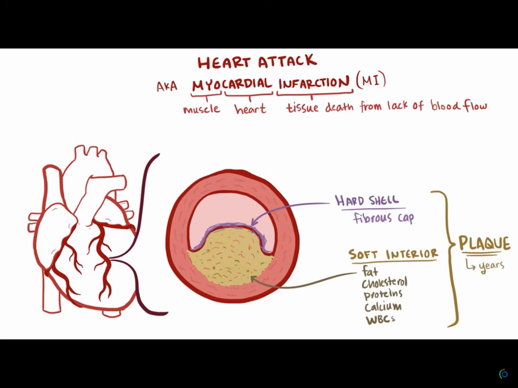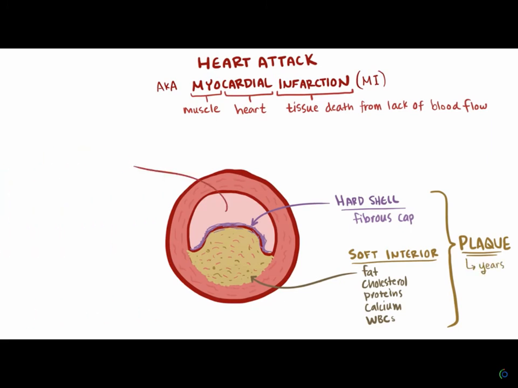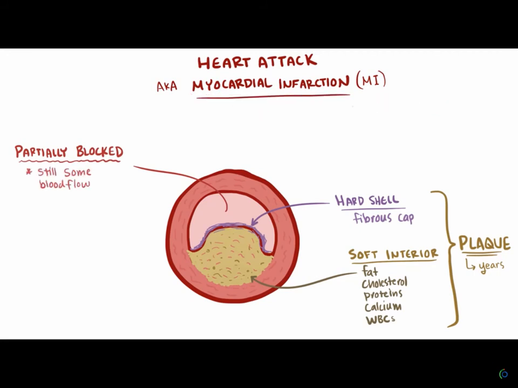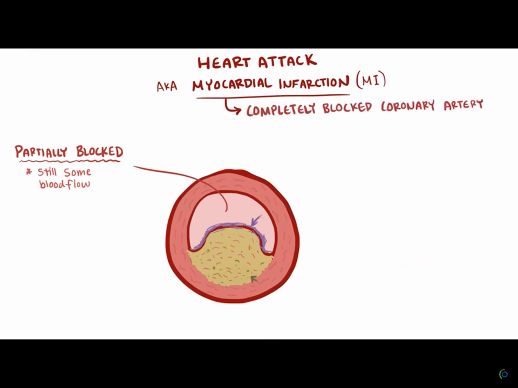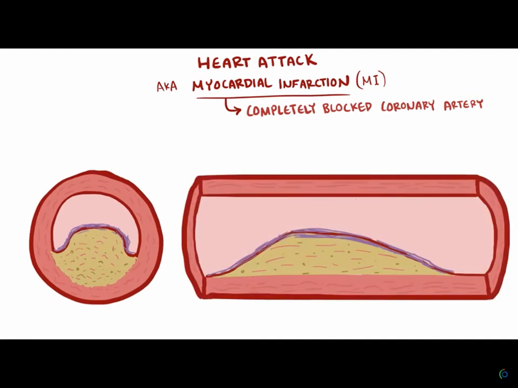Usually, though, it takes years for plaque to build up, and this slow blockage only partially blocks the coronary arteries. And so, even though less blood makes it to the heart tissue, there's still blood. Heart attacks happen when there's a sudden, complete blockage or occlusion of a coronary artery. So let's see how that can happen. Since these plaques sit right in the lumen of the blood vessel, they're constantly being stressed by mechanical forces from blood flow.